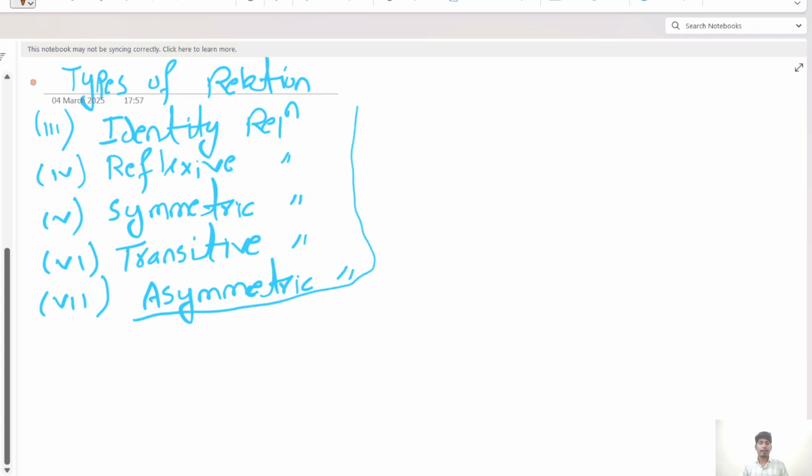Then we start with the first, the empty relation.